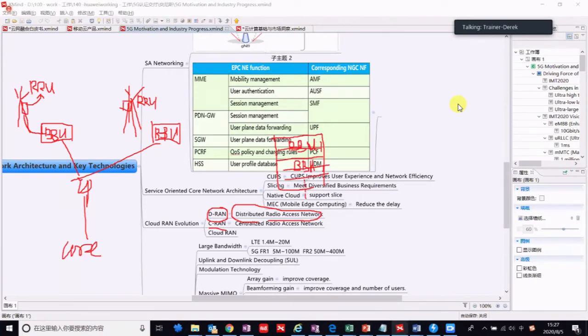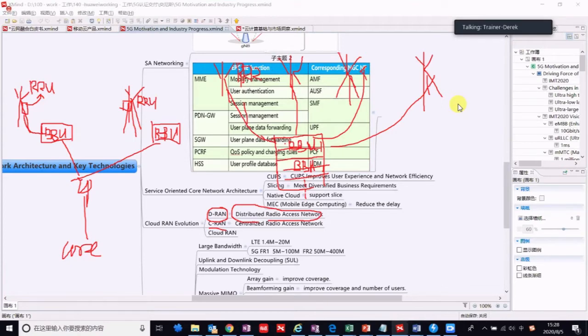These BBUs are installed in one equipment room, and connect through optic fiber to the base station, to the RRU.